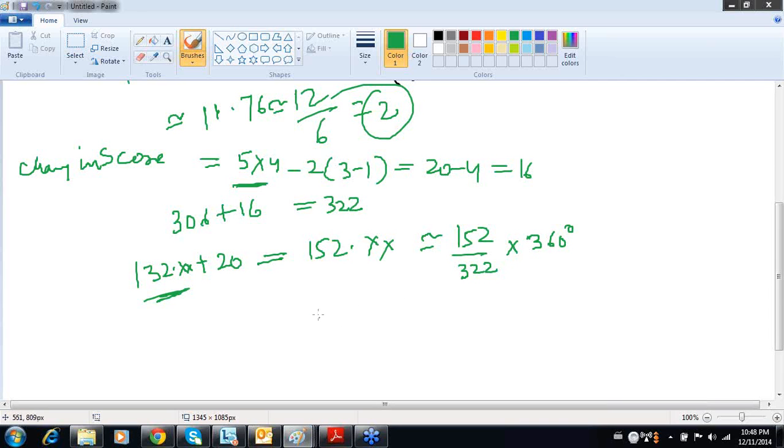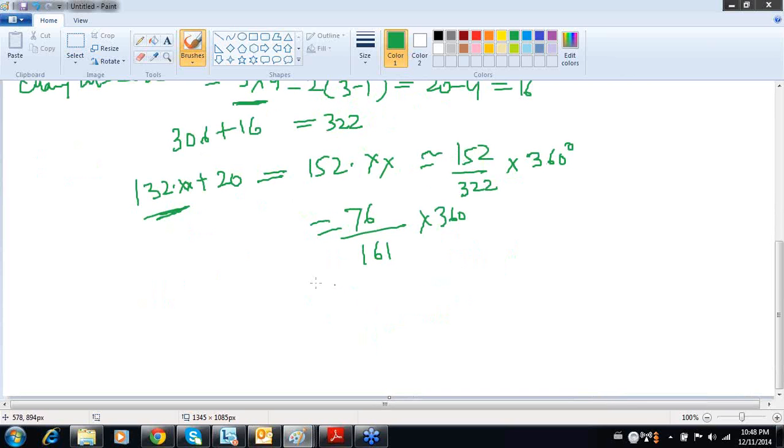Now it will be 176 upon 161 into 360 degree. Either you can calculate this value or use approximation. Okay, you can use approximation for simplification. If you use approximation, it will be 76 upon 161 into 360 degree.